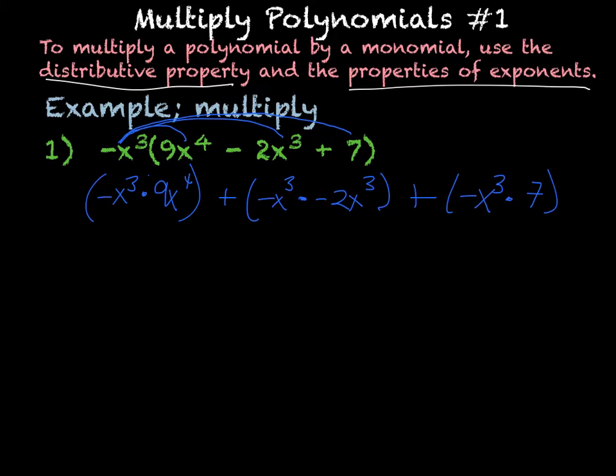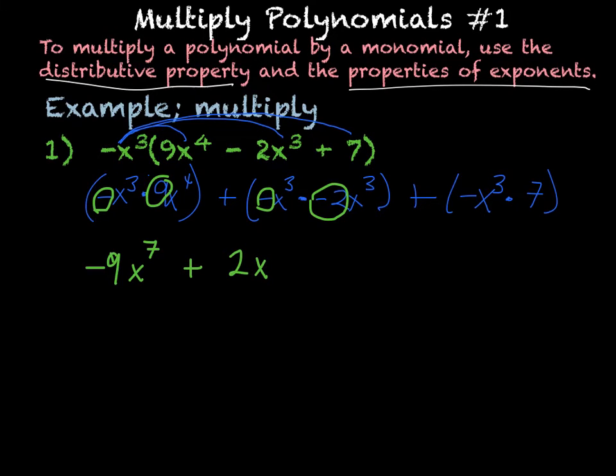If I were to simplify this and write it out, I'm going to have negative 9, which takes care of the negative and the 9, and then I have x cubed and x to the fourth. So I add the exponents, x to the seventh, plus negative 2 times negative 1, so that's going to make it a positive 2.